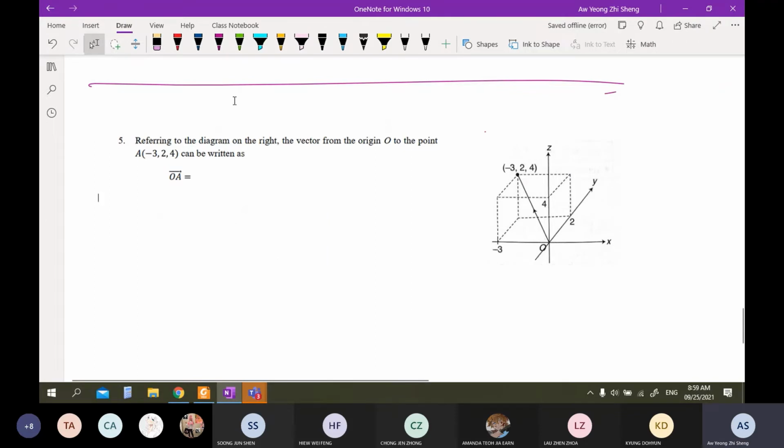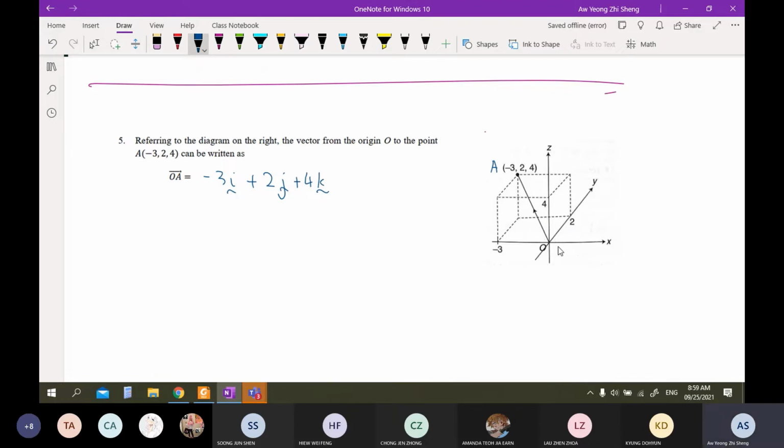Referring to this diagram on the right, the vector from the origin O to the point A, so let's name this as point A, can be written as OA equals minus 3i plus 2j plus 4k. k is a standard unit vector in the z direction. i and j still carry the usual meaning, where i is 1 unit in the positive x direction, j is 1 unit in the positive y direction, and k is 1 unit in the positive z direction.